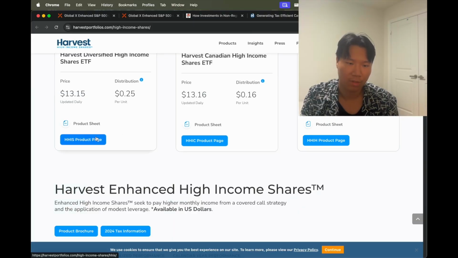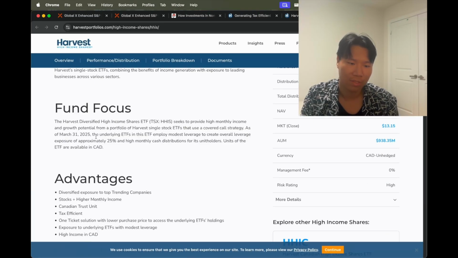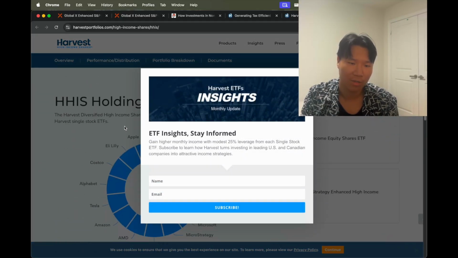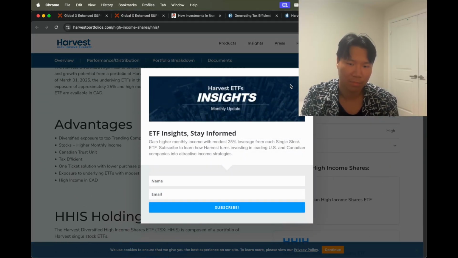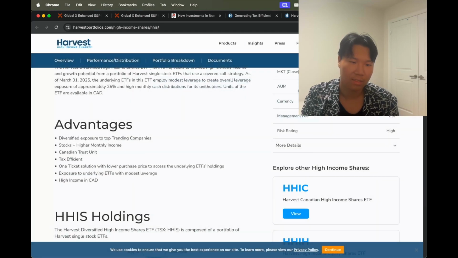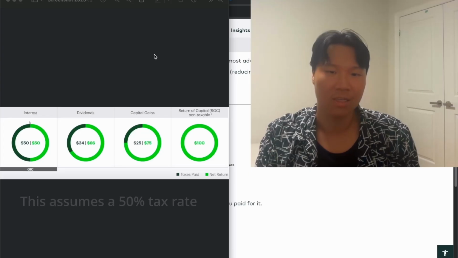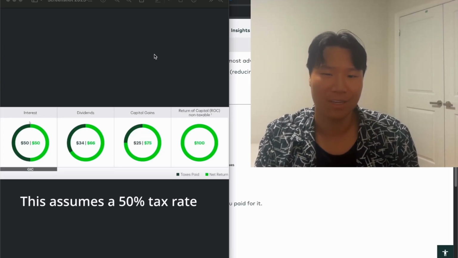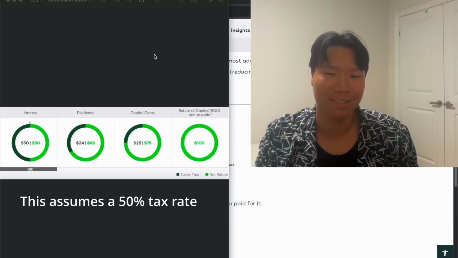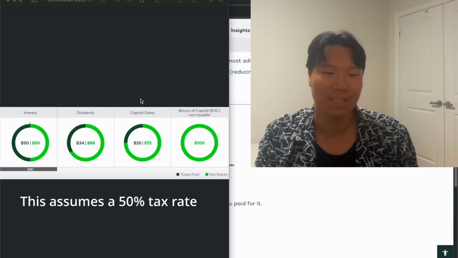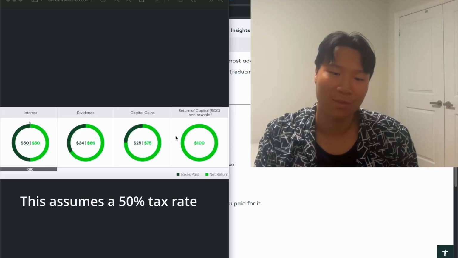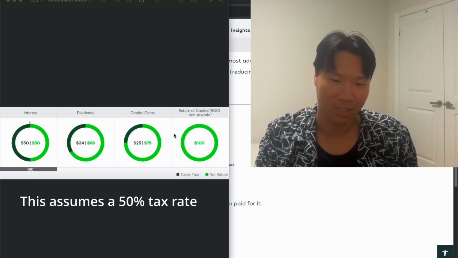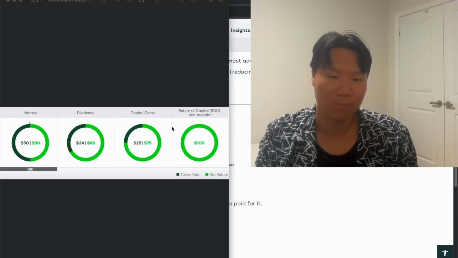If we look, it says the advantages are that it's Canadian trusted and it's tax efficient. Here is a visual that I found that compares all 4 tax classifications in one picture, and you can clearly see that capital gains and ROC are the most tax efficient classifications here.